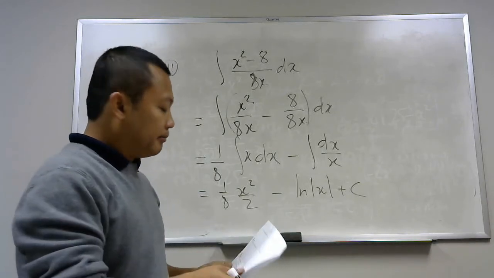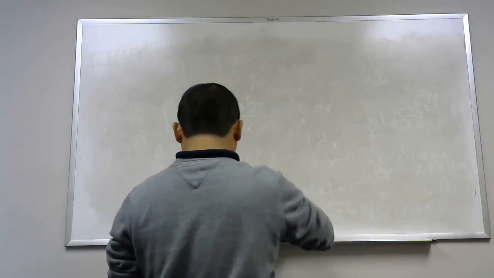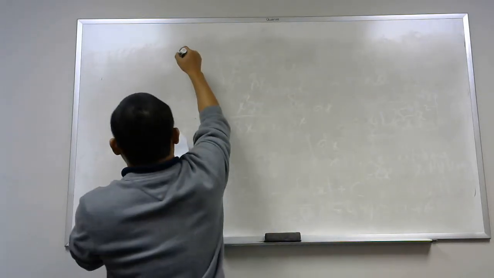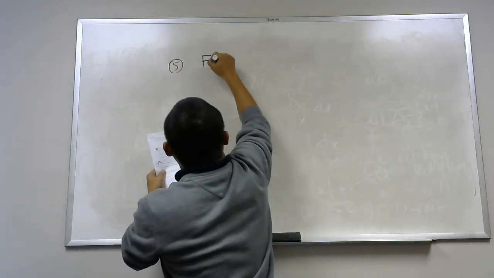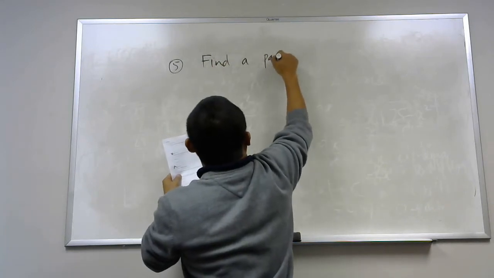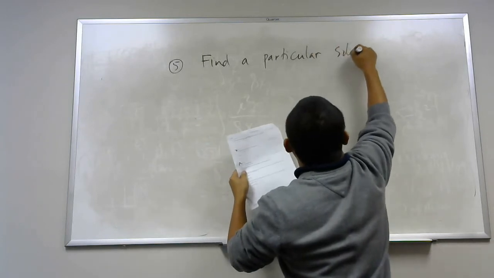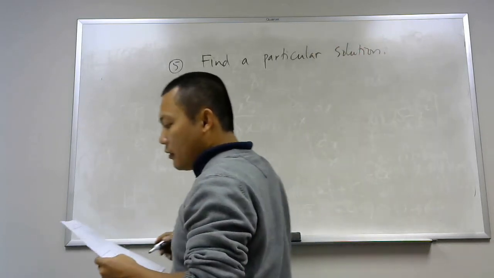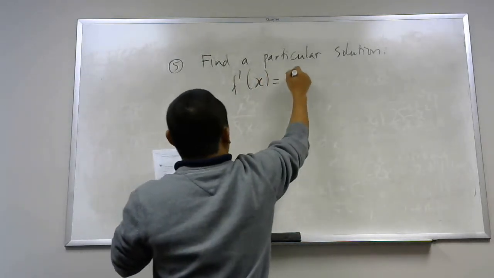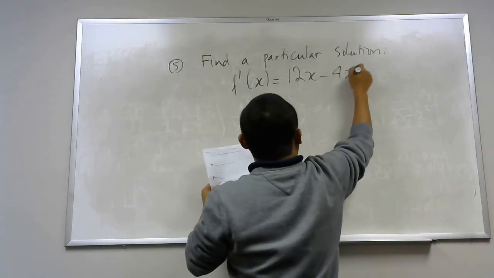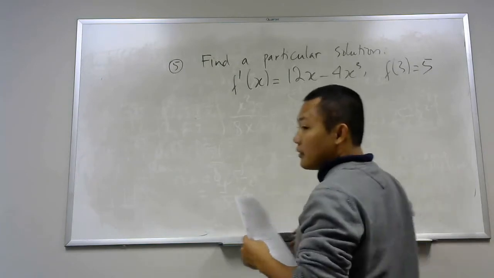The second problem is problem 5. Find a particular solution of the following differential equation: f prime of x equals 12x minus 4x cubed, and the initial condition is f(3) equals 5.